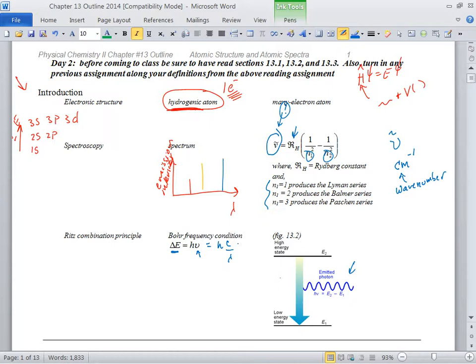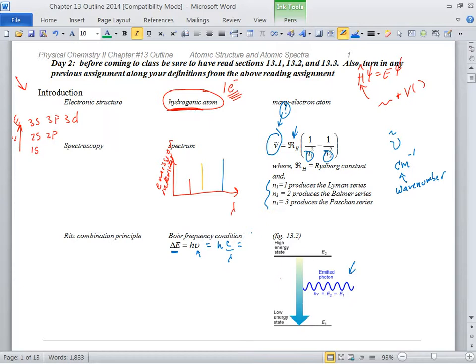How are you going to do it? What units does wave number have again? Most common units? Reciprocal centimeters, which is 1 over a distance. So that means a wave number is really what in this equation? 1 over lambda.